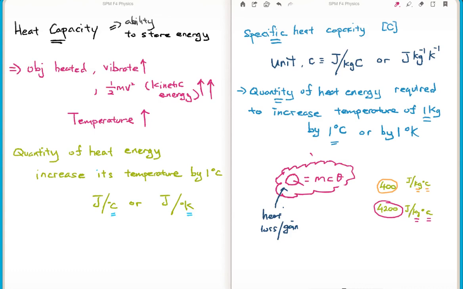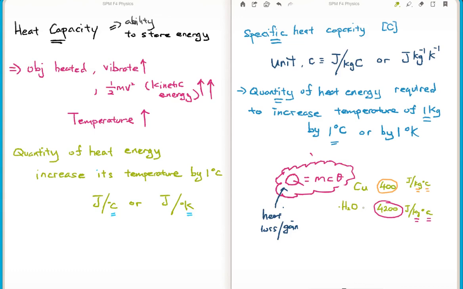And I hope by that you have some idea what it means by specific heat capacity. It's the ability to store energy. So for your information, what's 400? 400 is actually copper, Cu. And H2O is the next one, water. Specific heat capacity, this is a constant you need to know.